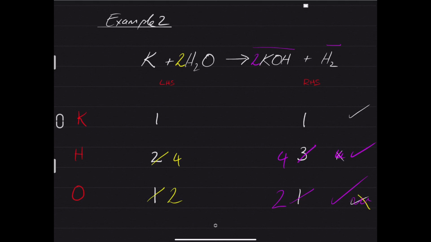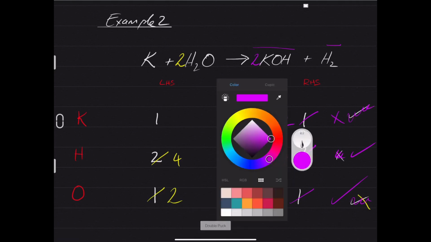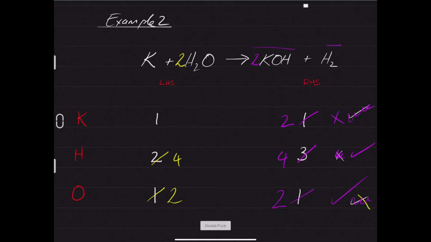And what about the potassiums? As of now, the potassium on the right-hand side stands at 2, and it stands at 1 on the left-hand side. So this one is no longer balanced. So we need another step. We need to go for our third step. We have to now try and make the potassiums balance. What's the simplest step, the smallest whole number that we can take to make potassiums balance?